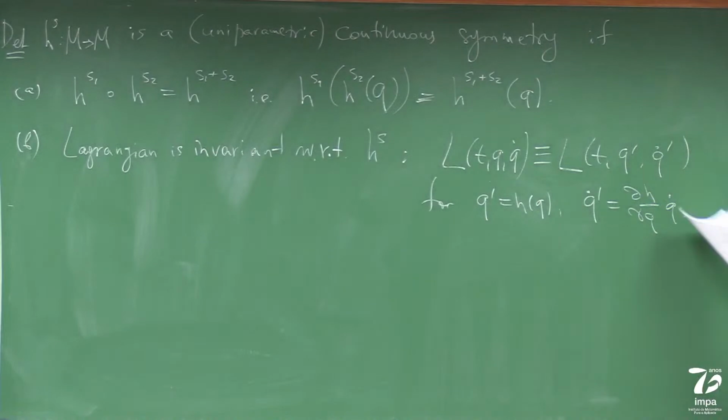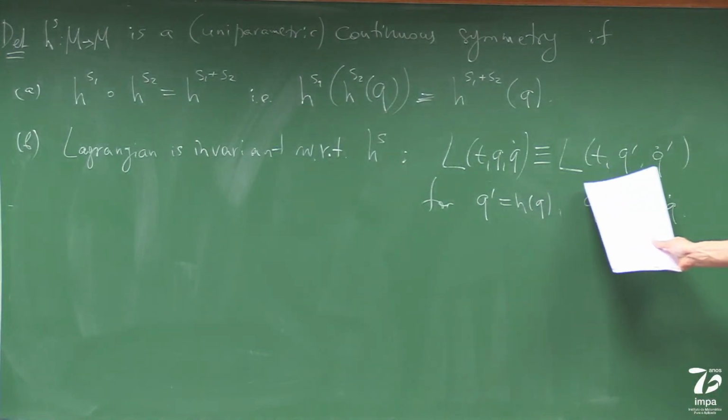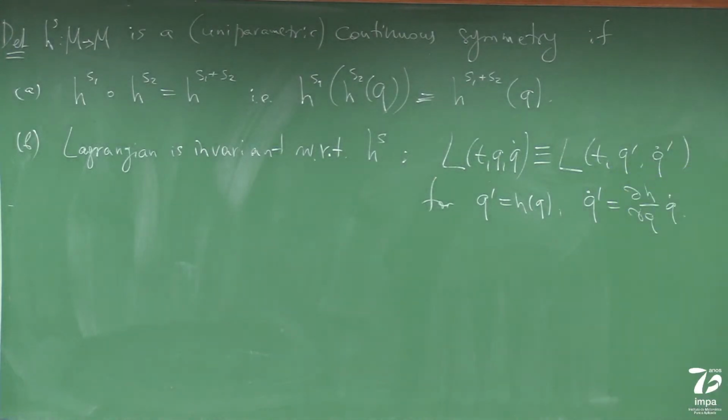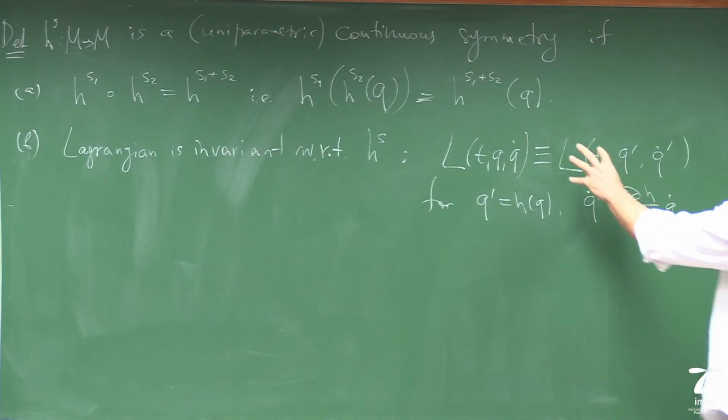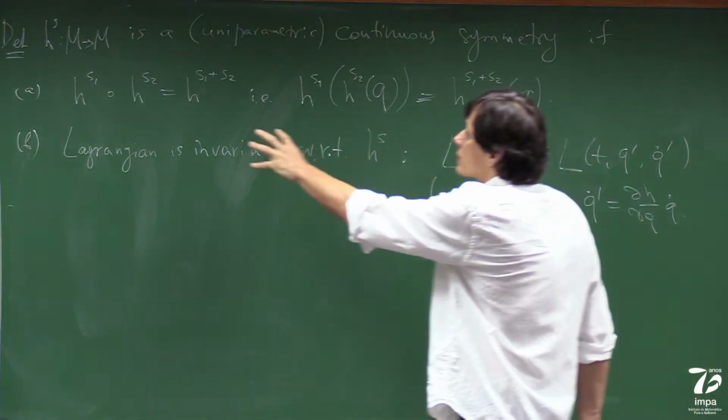This is exactly the condition that we used, remember, in deriving the Lagrangian equation for one particle from the Galilean transformation, for translations and rotations. So what we ask is that the Lagrangian does not change, and then we have the group structure.